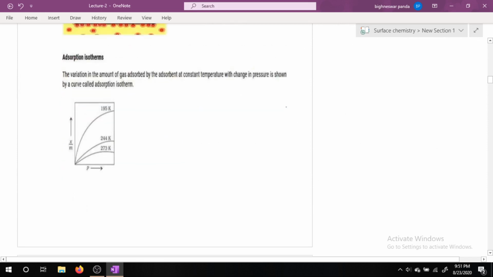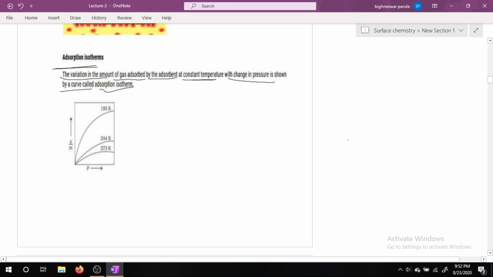Next, what is adsorption isotherm? The variation in the amount of gas adsorbed by the adsorbent with a change in pressure at constant temperature, isotherm meaning constant temperature, is shown by a curve called adsorption isotherm.